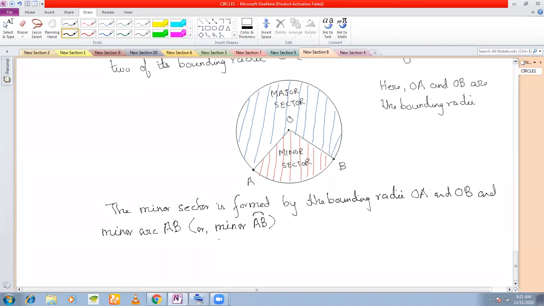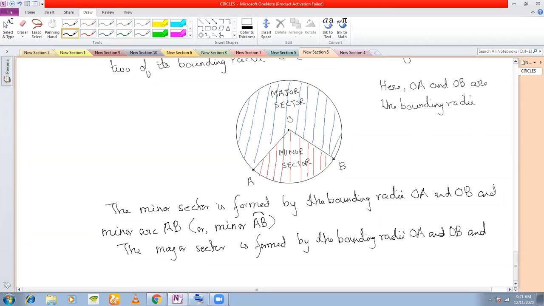And the major sector is formed by the bounding radii OA and OB and major arc AB, or you can write major AB.